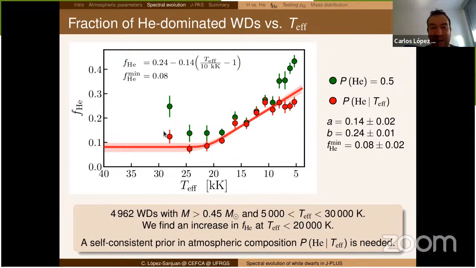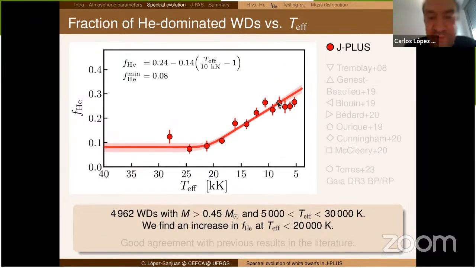Basically, we found like an 8% minimum fraction of helium white dwarfs at higher temperature. And when we arrive to 20,000 Kelvin, it goes up. And you can see how this Bayesian model is affecting the low temperature points. So this is our final result.